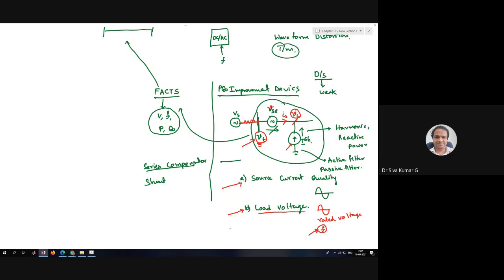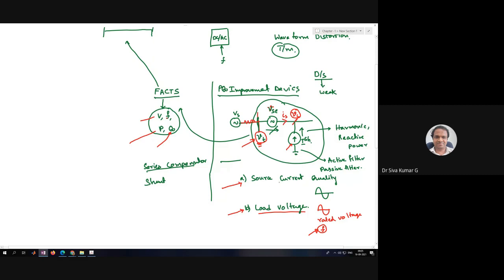If you are interested, please look into FACTS devices, which are used to control the voltage and the frequency, and also P and Q control. I don't know much about these points, but I know about the power quality improvement devices.